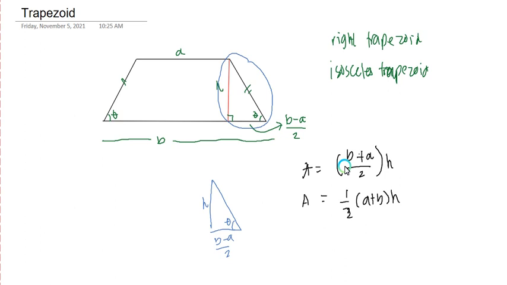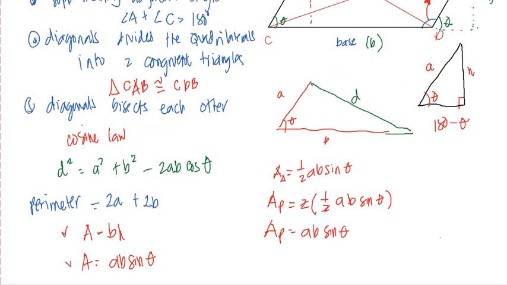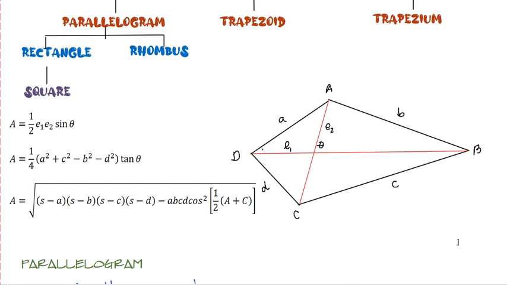In finding the area of a trapezium, there is no specific formula that can be used, but we can use any of the three general formulas of a quadrilateral for the area of the quadrilaterals we may encounter later on.